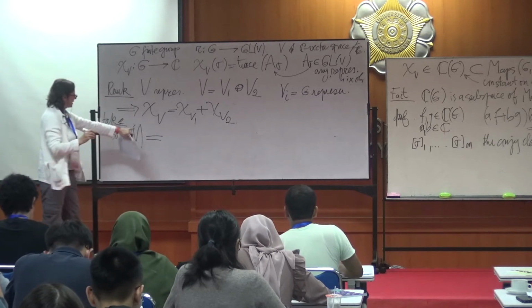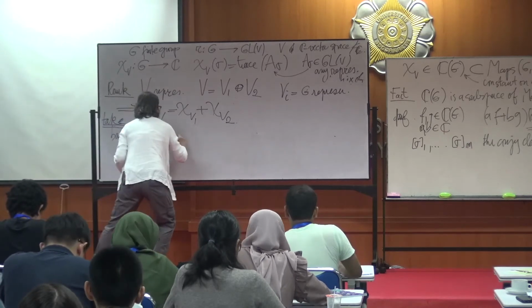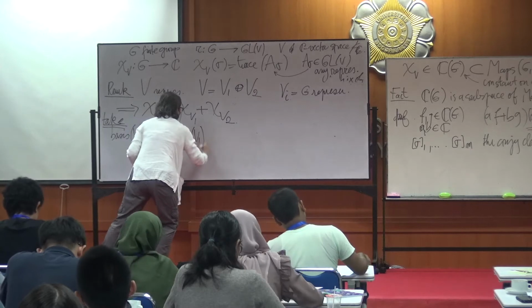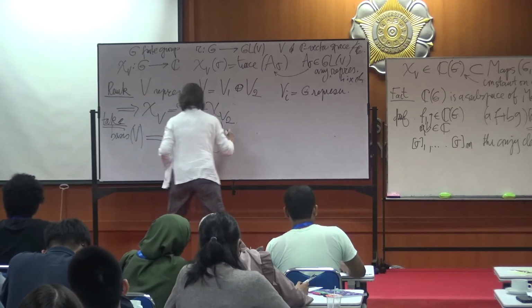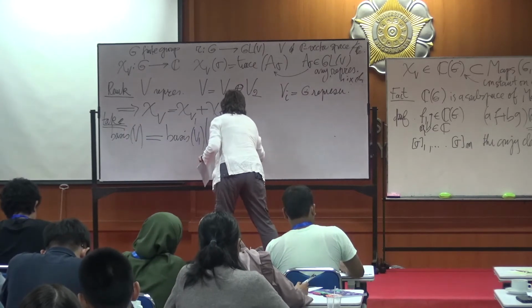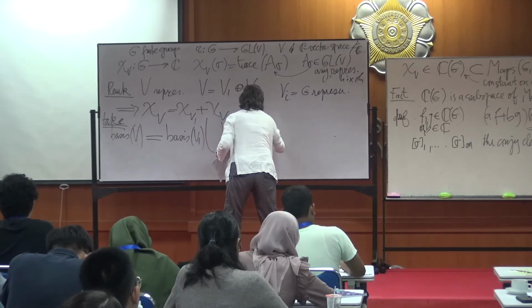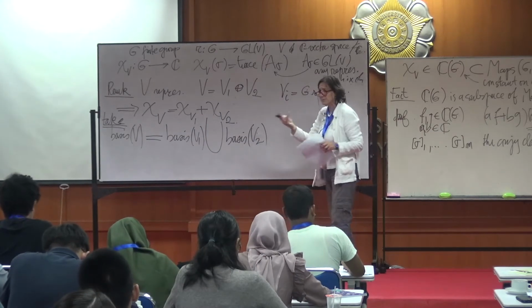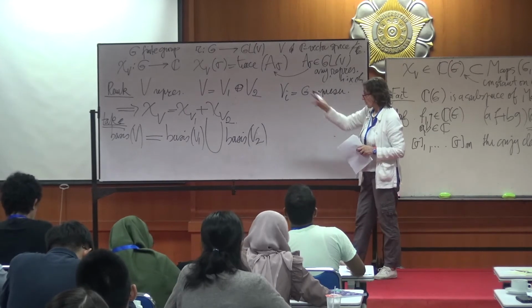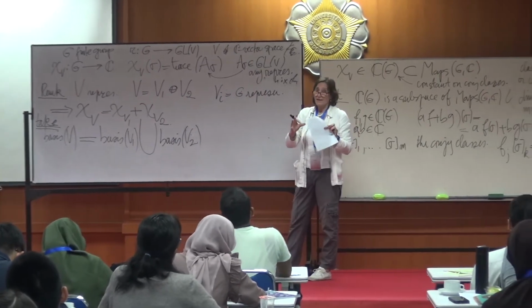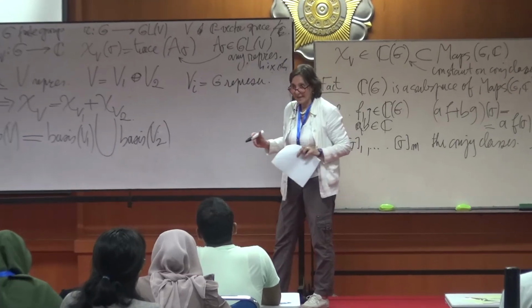Then any representative matrix for the representation V is block diagonal.